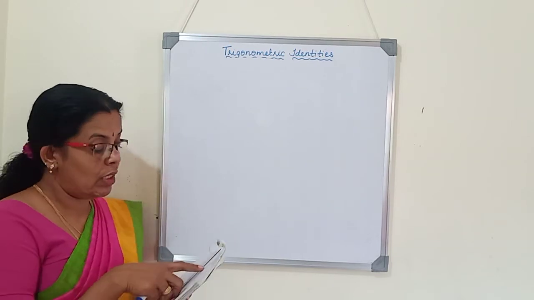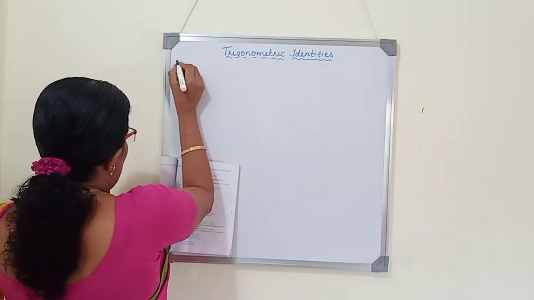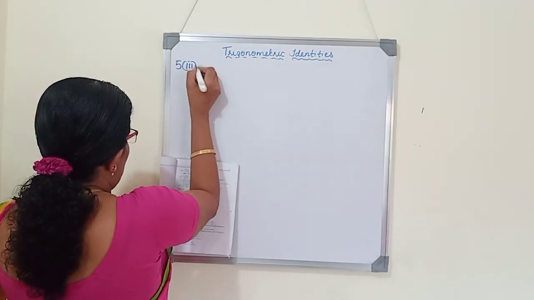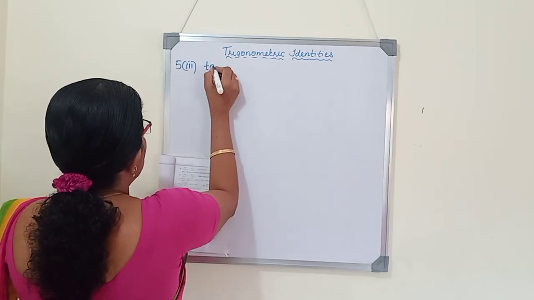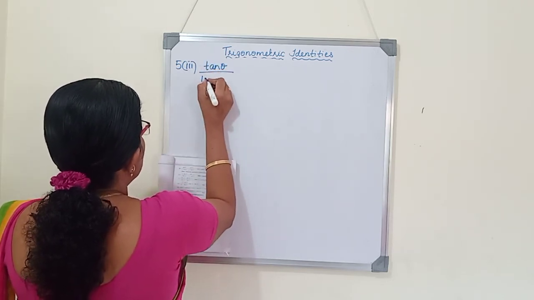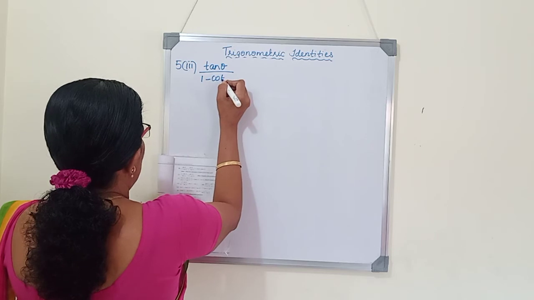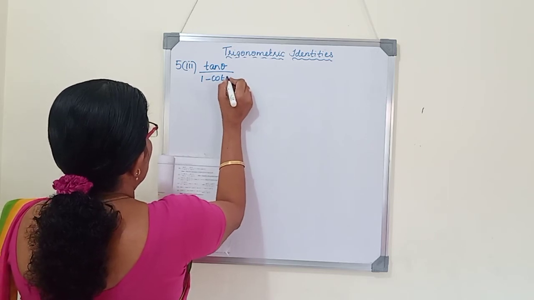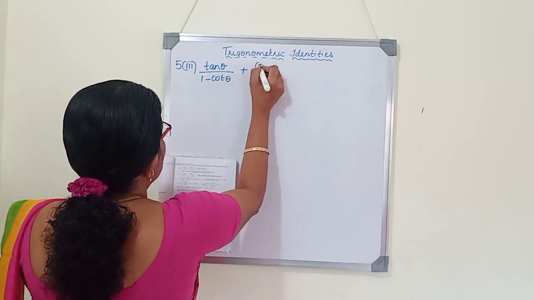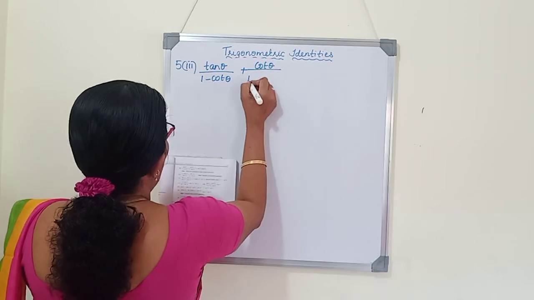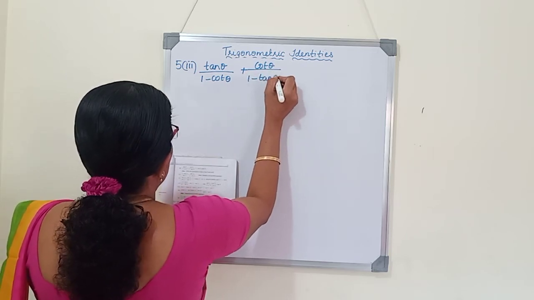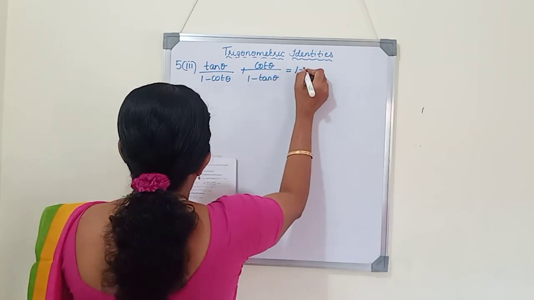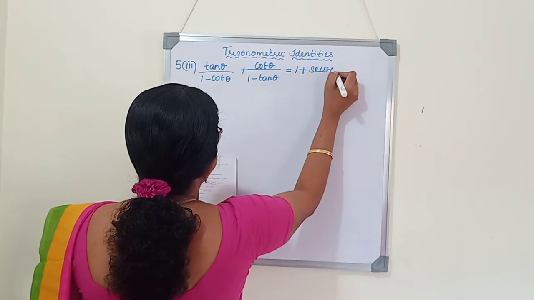Now we will do the third question. Fifth main, third. Tan theta by 1 minus cot theta plus cot theta by 1 minus tan theta is equal to 1 plus sec theta cosec theta.